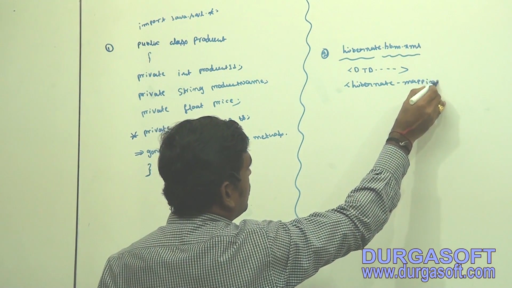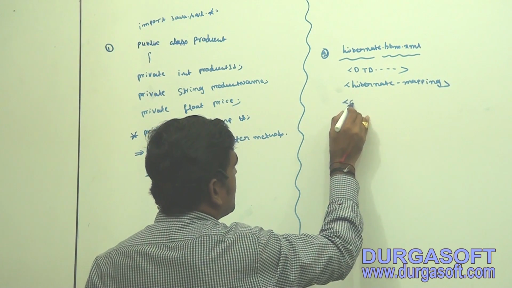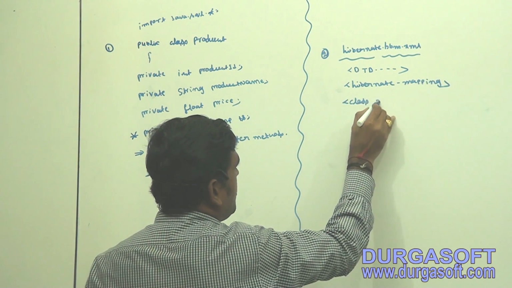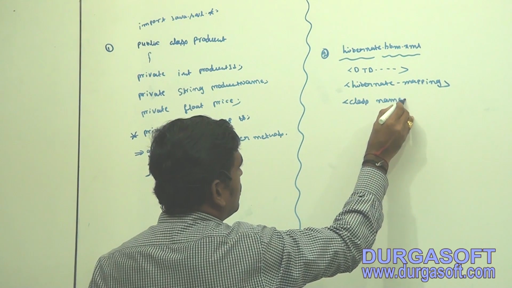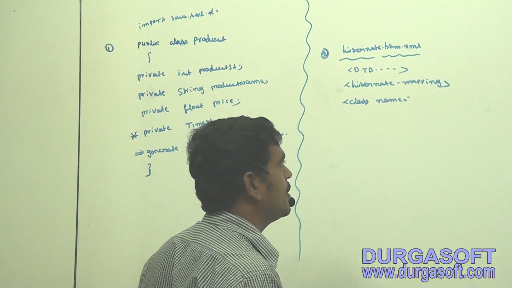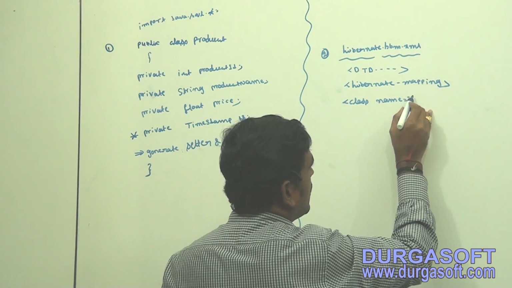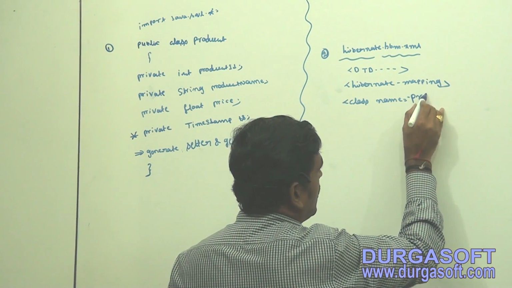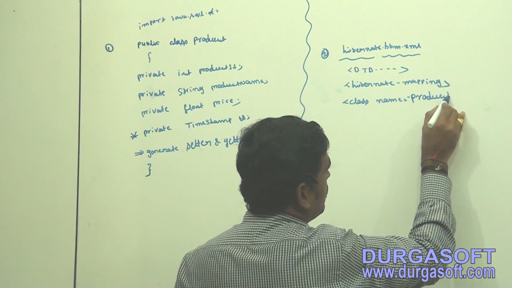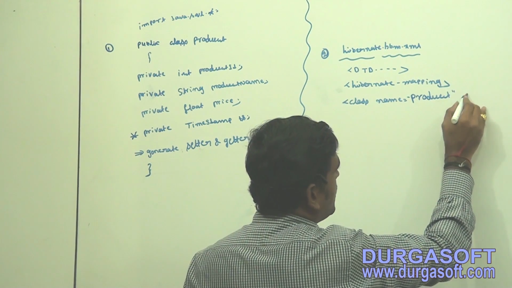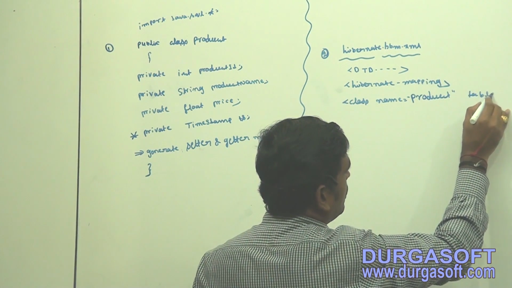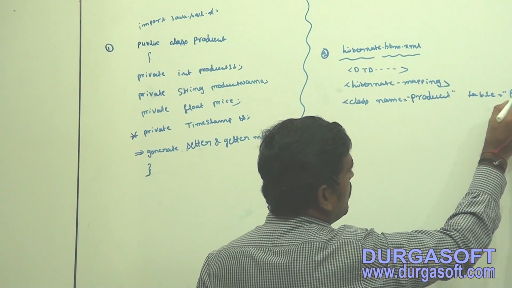The next, class name is equal to Product only. Table is equal to products.